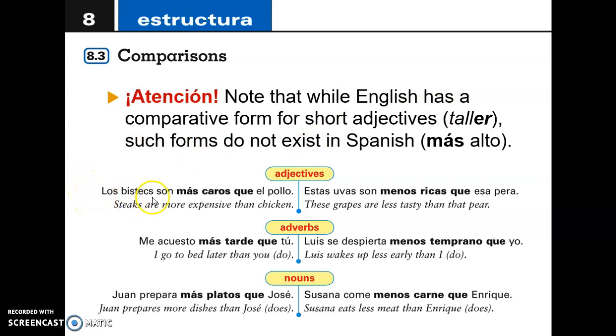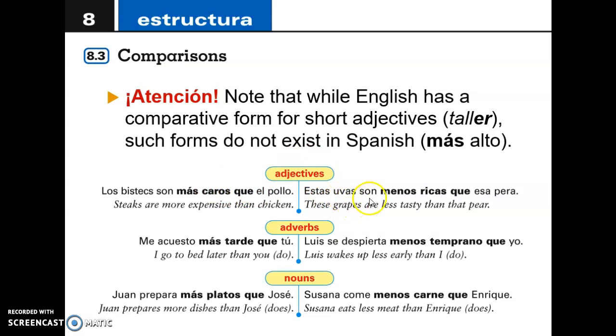Los bistecs son más caros que el pollo. The steaks are more expensive than chicken, right? Más caros que. So we follow the structure. Más, and then the adjective, and then the word que. Another example.